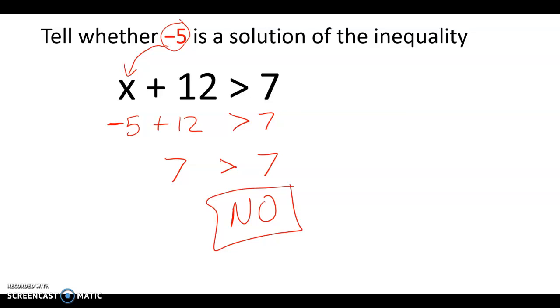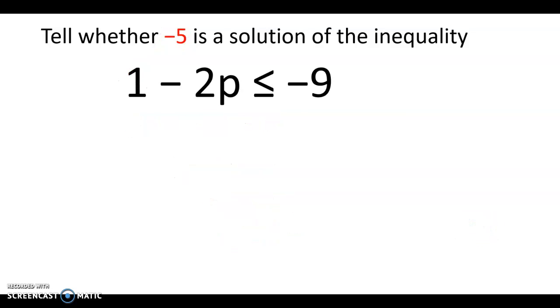If we look at the next one, we're still going to plug a negative 5 in for the p. So we have 1 minus 2 times, now we substitute the negative 5 in. We want to know if that's less than or equal to negative 9. If you're using a calculator, you could type in 1 minus 2 times negative 5 all at the same time and hit enter.